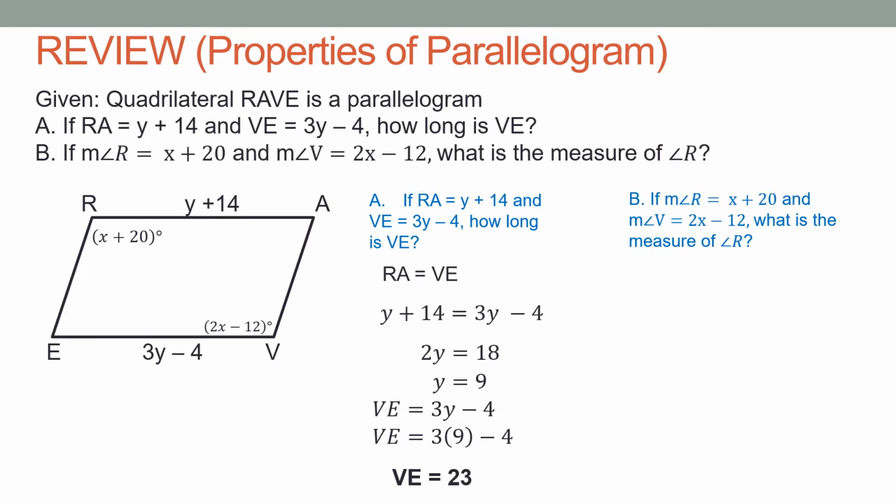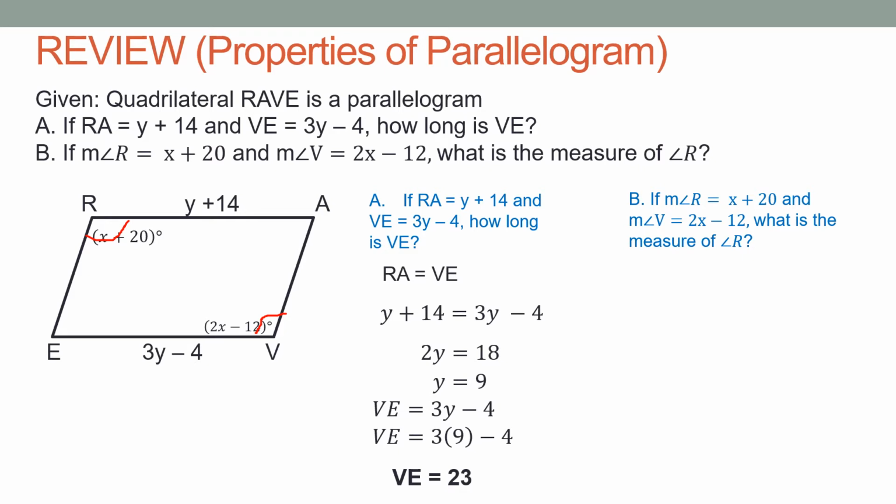Letter B. If measure of angle R is x plus 20 and measure of angle B is equal to 2x minus 12, what is the measure of angle R? Mapapansin nyo, yung angle R at angle B ay opposite angles.